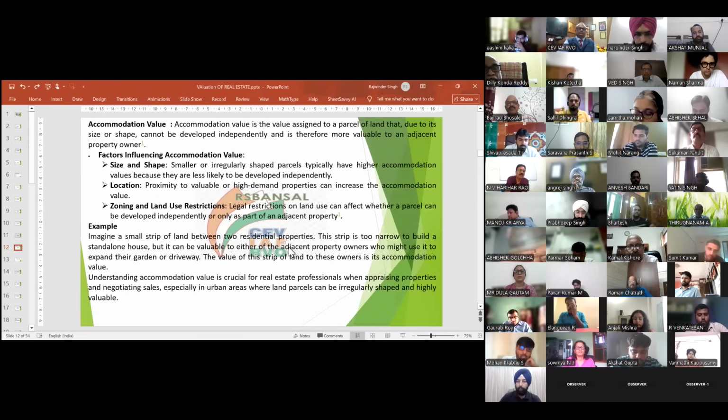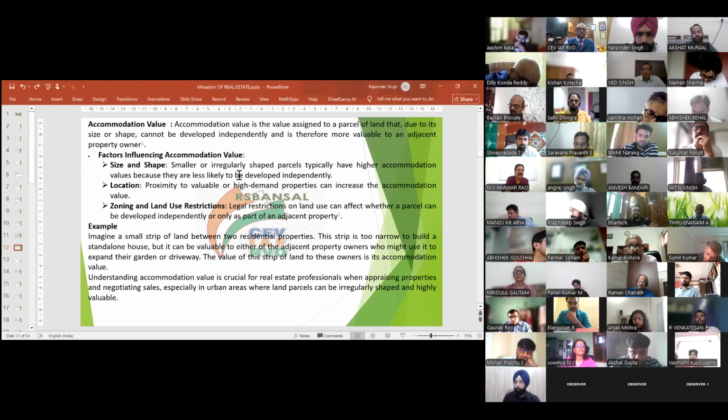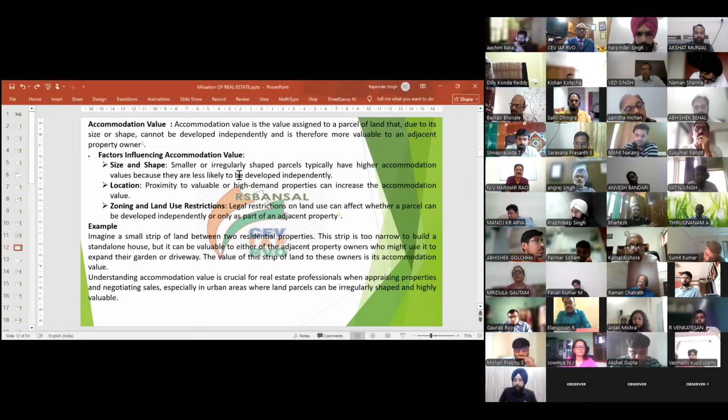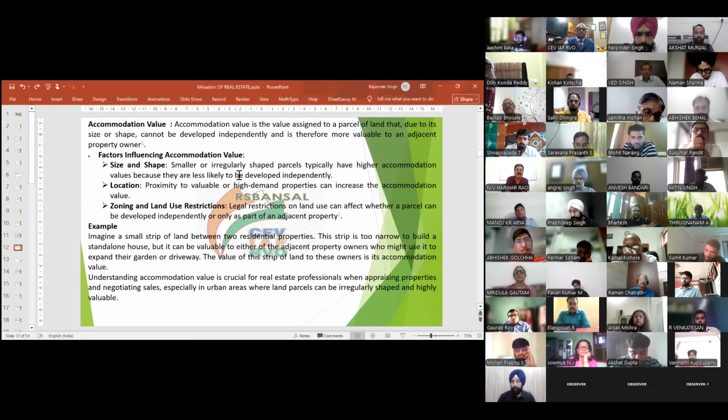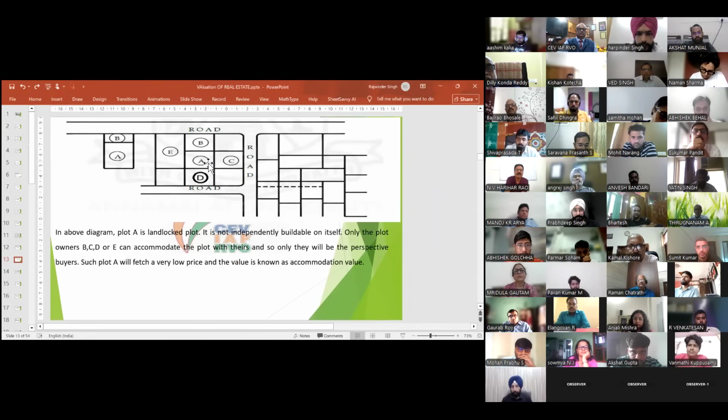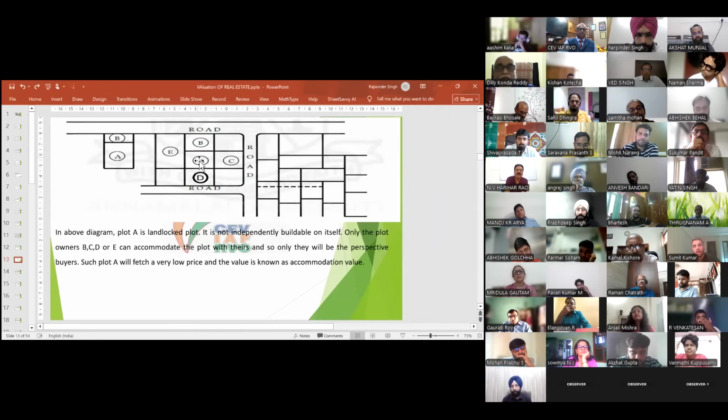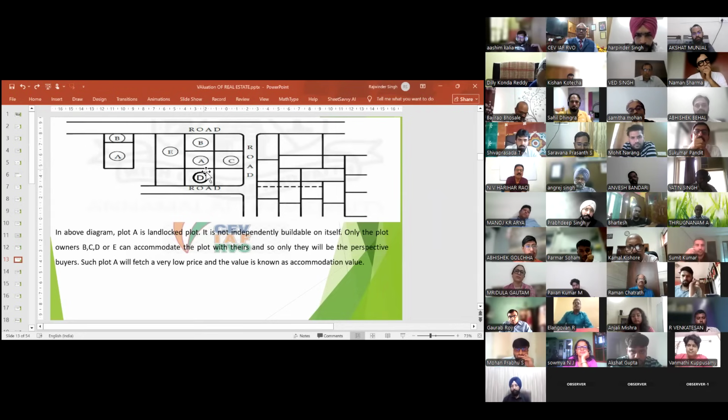Next is accommodation value. Because of its size or shape, a plot cannot be developed independently. Let us suppose this plot A. On all four sides there are plots. It does not have independent access. This plot A does not have any access.